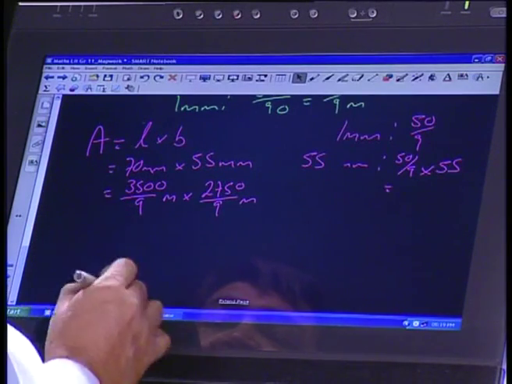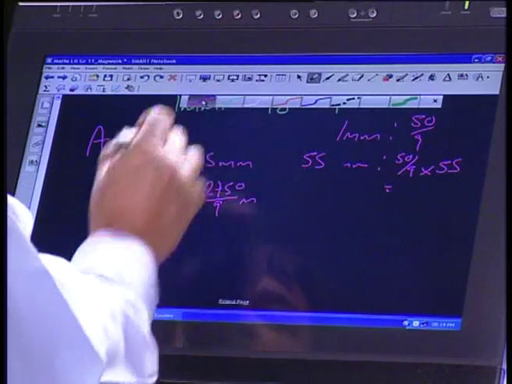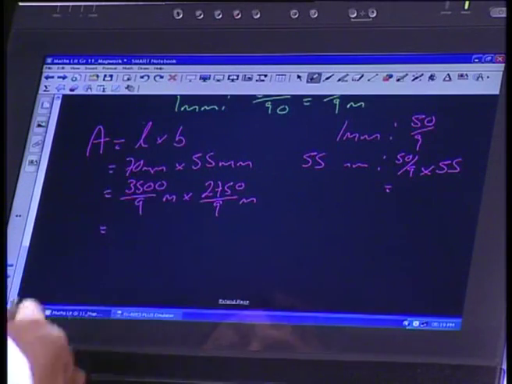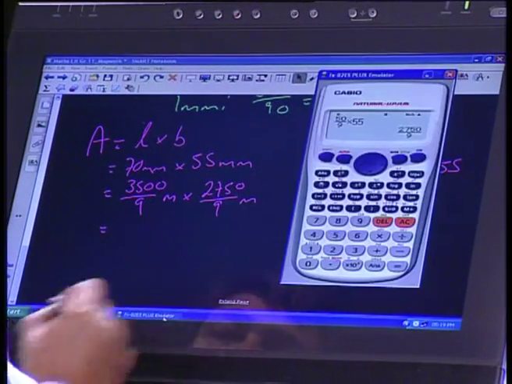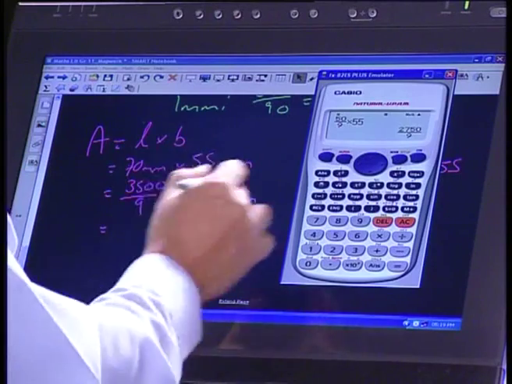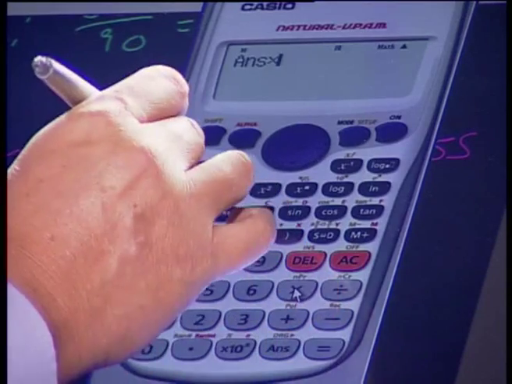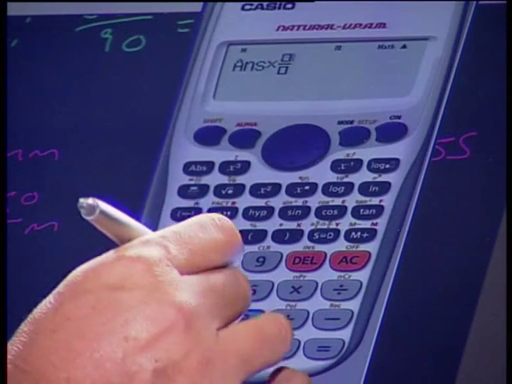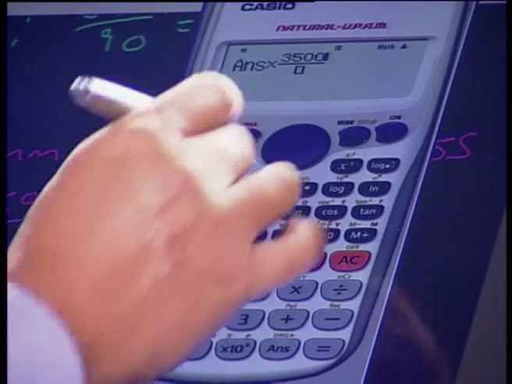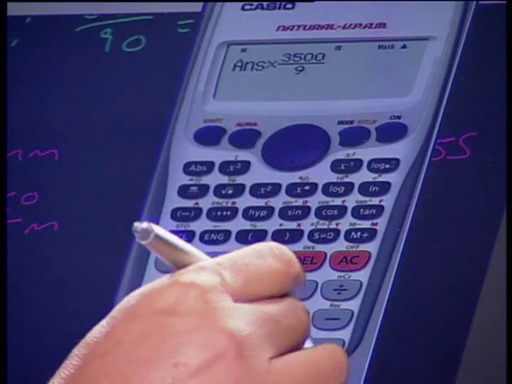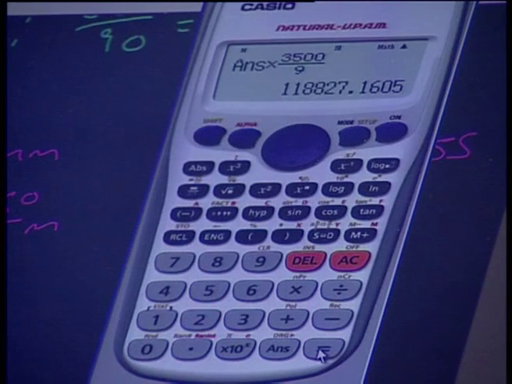So back to our calculation. Now that we have this, now we can multiply the two together. So I'm going to take my calculator and say, right, I've got 2,750/9. I'm going to multiply that by 3,500/9, and I'm going to get an answer of 118,827.16.